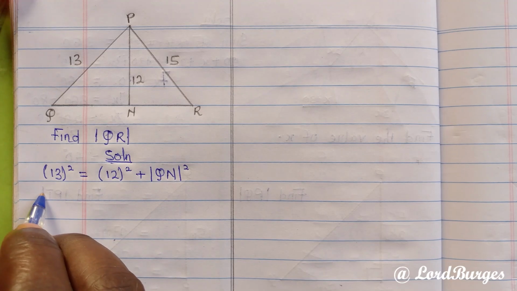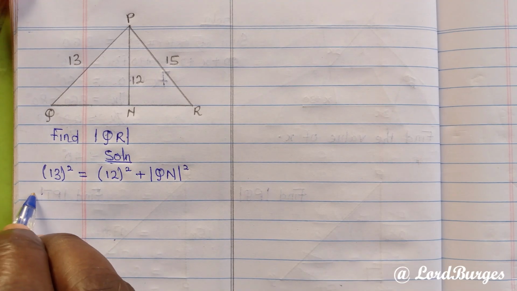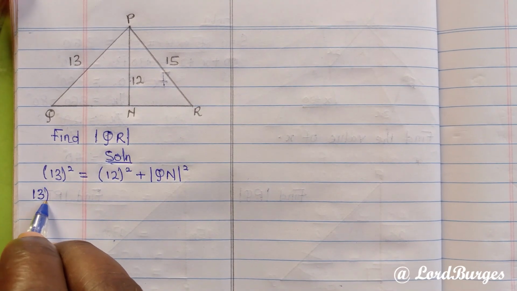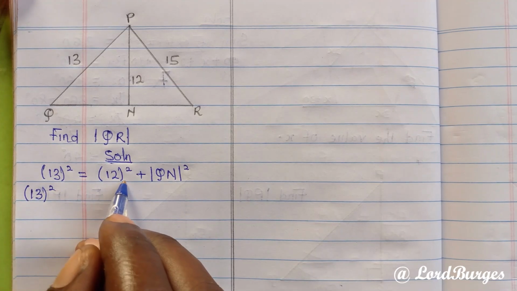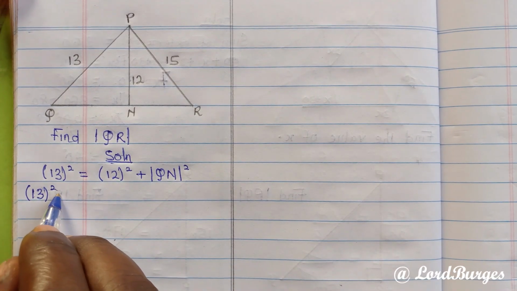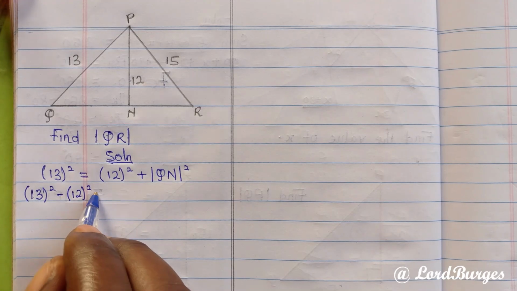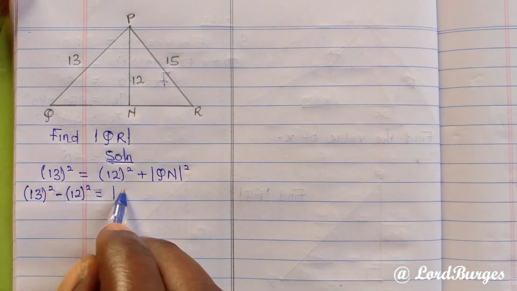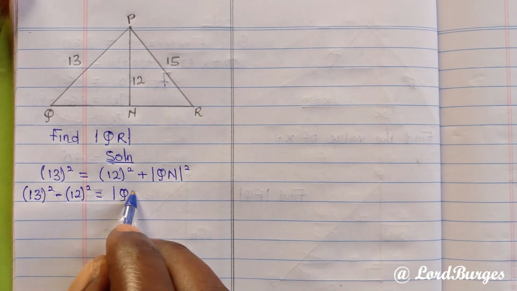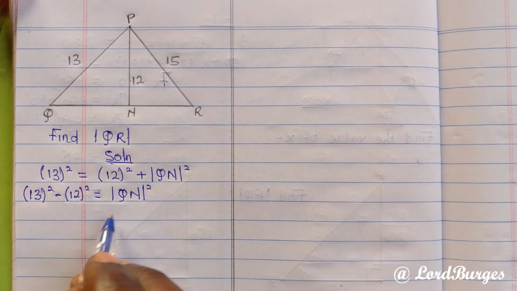So now we have 13 squared. Grouping like terms, we have minus 12 squared to be equal to QN squared.